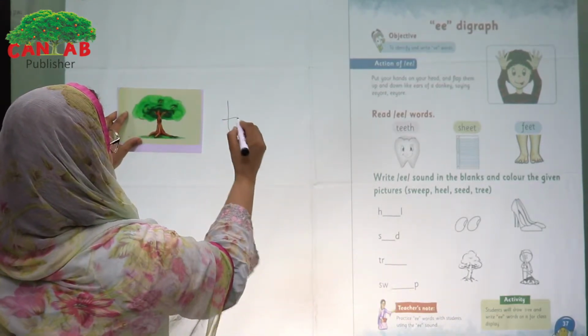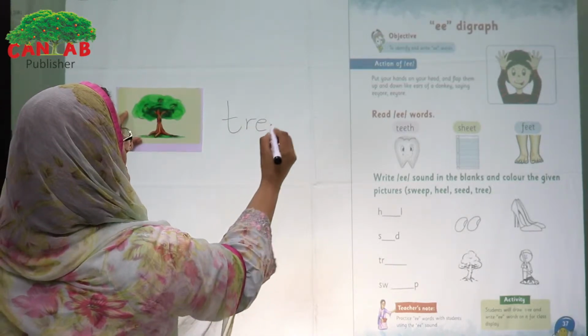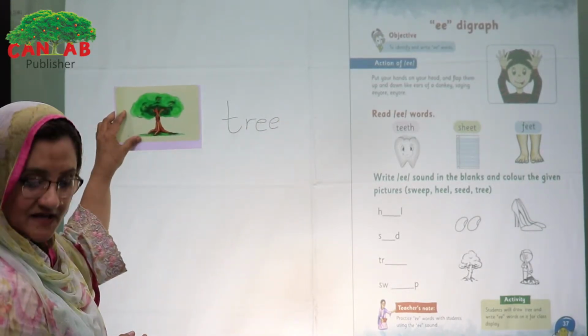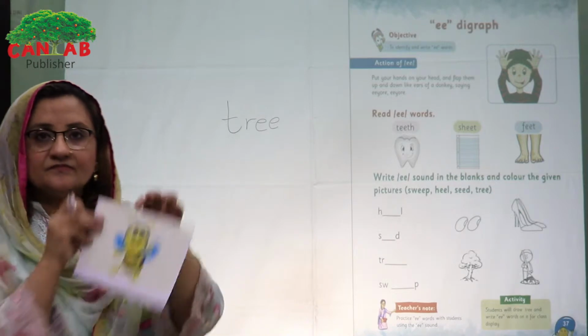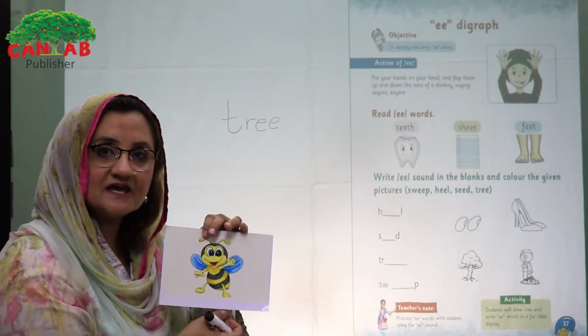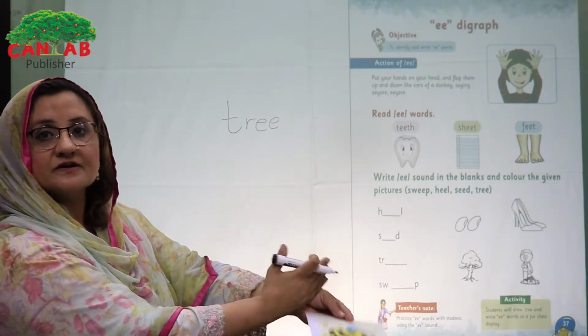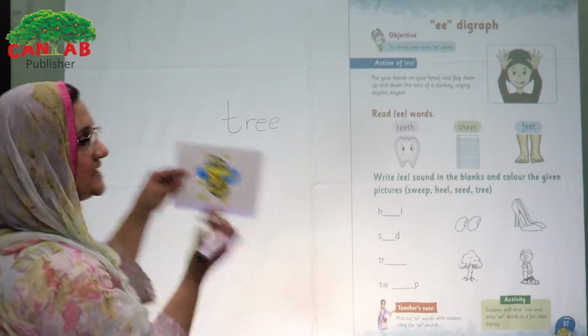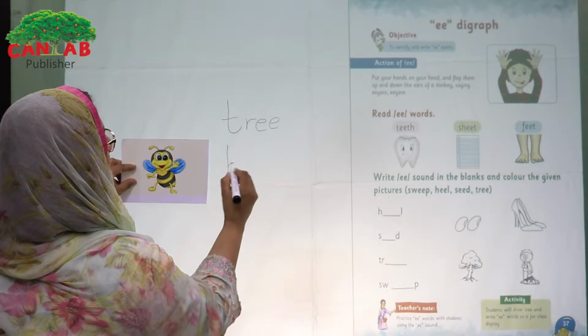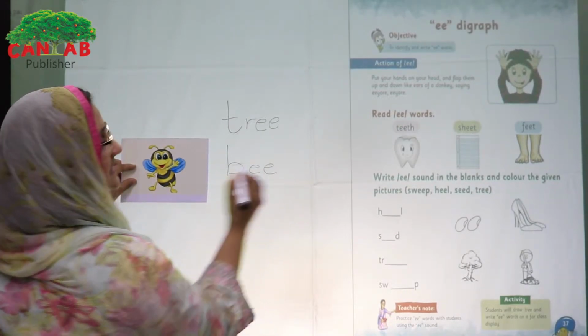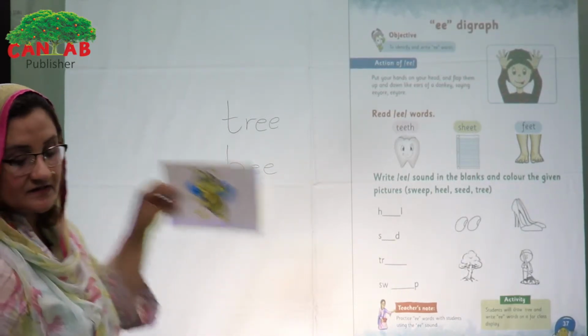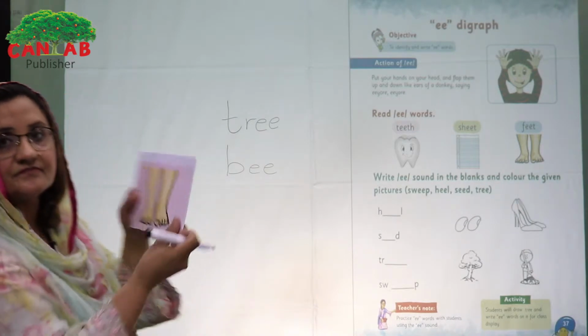T, E. This is a tree. Look here. This is B. B, E. B, E.